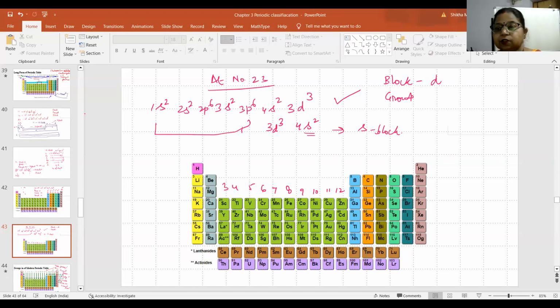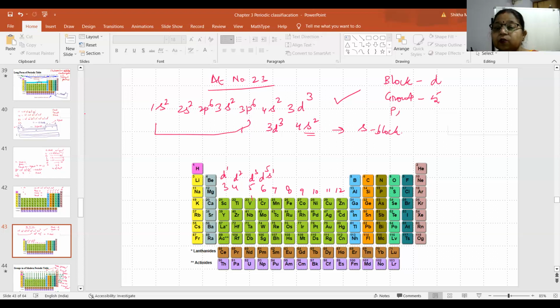The valence shell configuration has to be d1, d2, d3, then d5 s1, and I believe it will be very difficult for you to understand. Let me focus on 23 first. So that means d3 is group number 5. So its group number is 5.